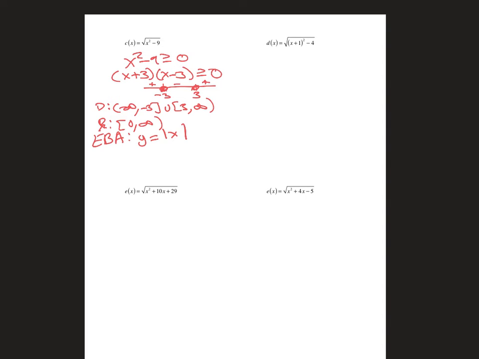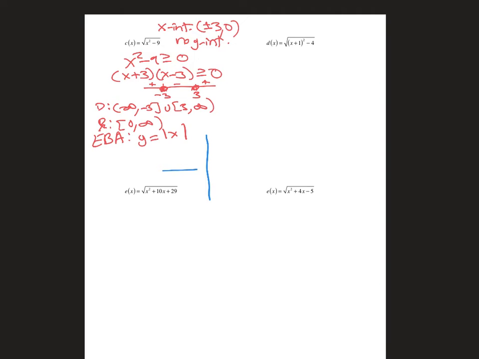So that's important. And does it have a y-intercept? No, because I can't do the square root of a negative. So x-intercepts are plus or minus 3, 0. No y-intercept.